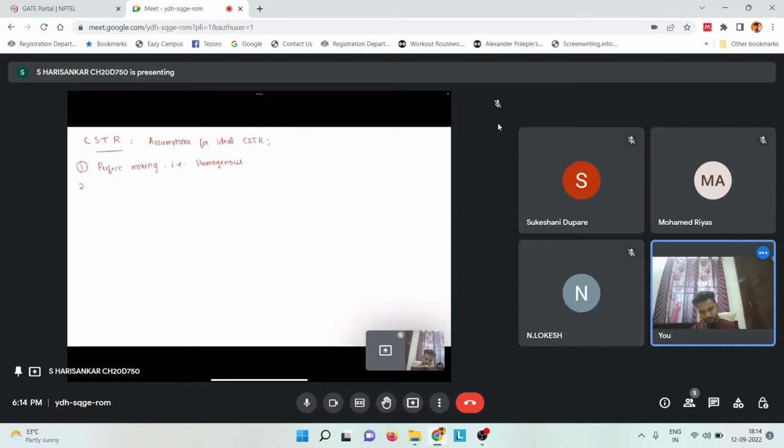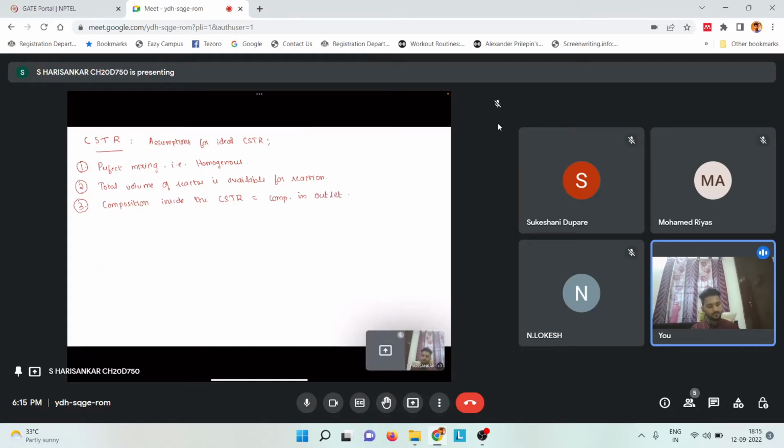The second one, total volume of the reactor is available for reaction. The third one is the composition inside the CSTR is equal to composition in the outlet.